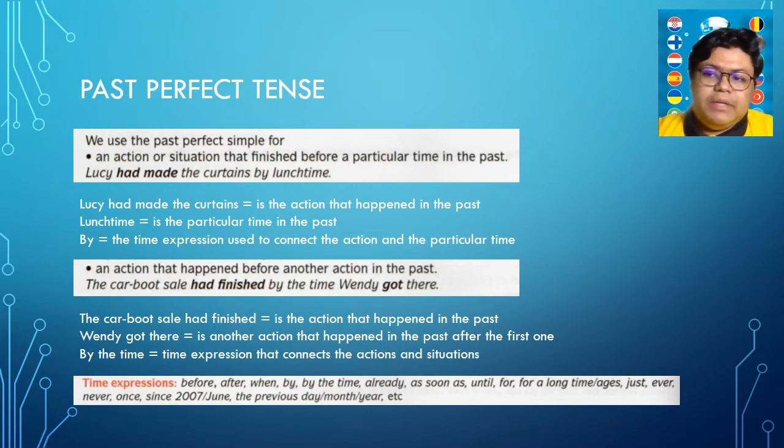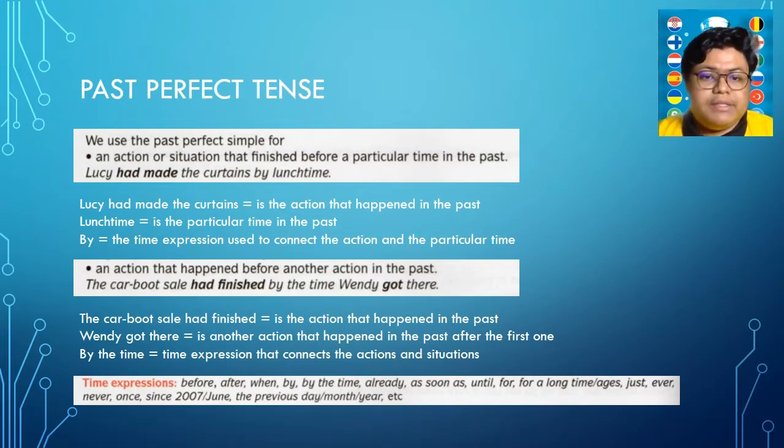Another usage is for an action that happened before another action in the past. Okay, maksudnya kita gunakan past perfect simple untuk bercakap tentang satu action yang berlaku sebelum satu action lagi yang berlaku di masa lepas.